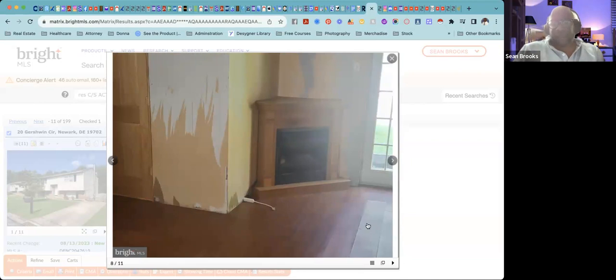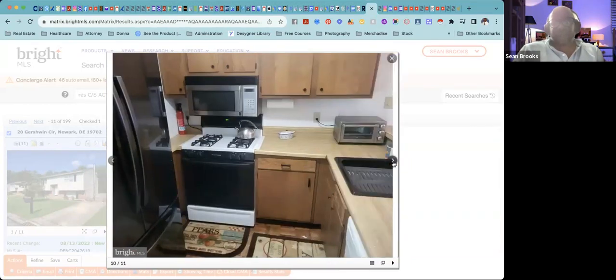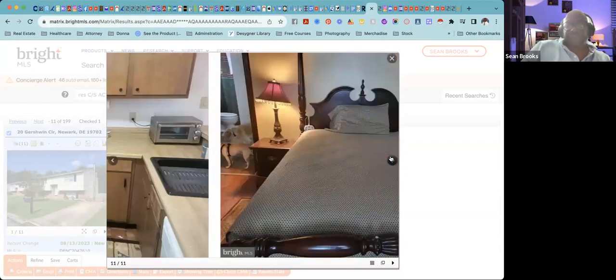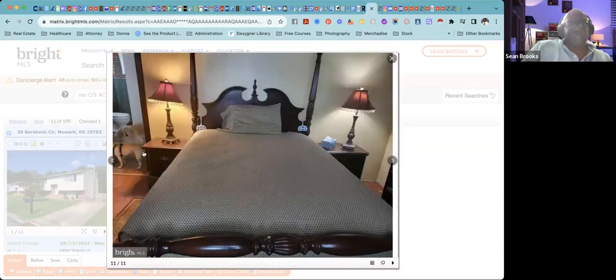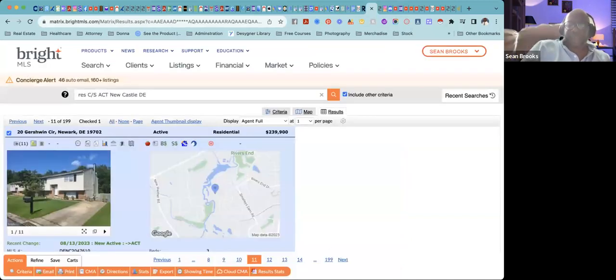I can see that this laminate floor is already buckling right there. Looks like they did some work here, replaced the drywall, so we would have to correct that, get that nice and smooth, skimmed up. Kitchen replacement. They have two dogs, so with that, might have to do a little bit of work. So we'll just use this one as the example.